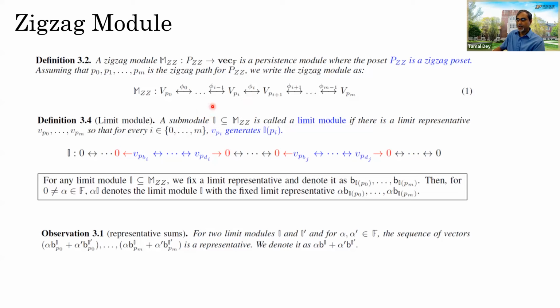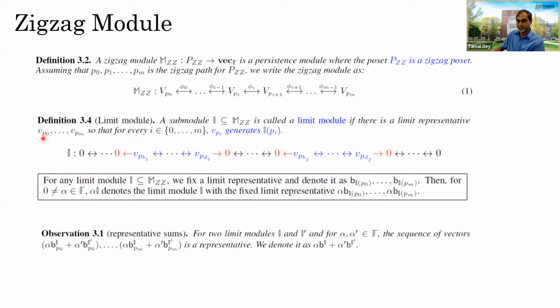Now I'm going to define another concept, which I call a limit module. It's not a standard term. I just introduce it because the way I define it, it will be clear to you. I call a submodule I of this MZZ a limit module if there is a limit representative for this module.